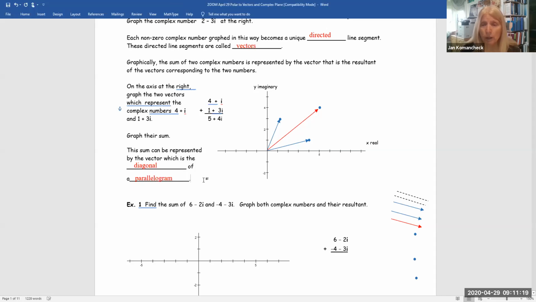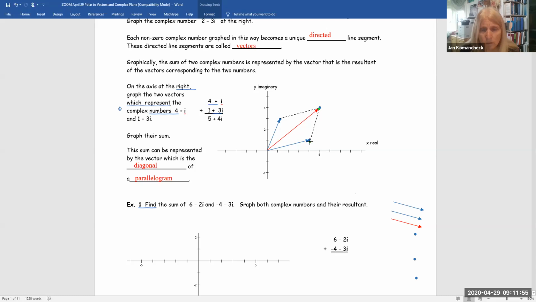parallelogram. So what I'm going to do now is try to make a parallelogram here. If I were to connect the endpoint of the first vector, I'm sorry, that's my second vector, with the endpoints of my first vector, which one was first?